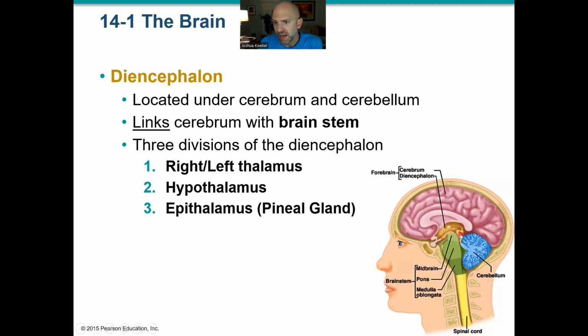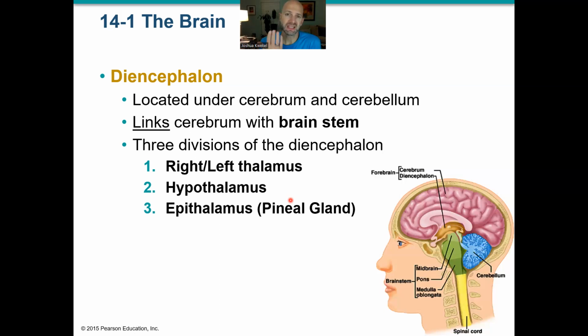The epithalamus is way at the back, this tiny little bump right there. It looks kind of like a pine cone. So for the pineal gland, I think about a pine cone, because it's a pine cone shaped gland. Its major function is to secrete melatonin. Melatonin is our sleepy time hormone.